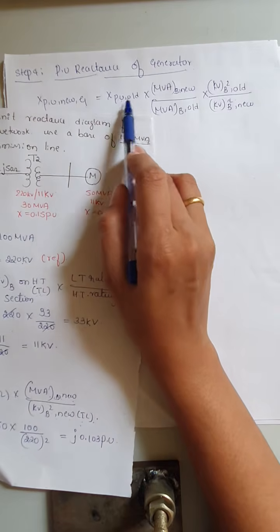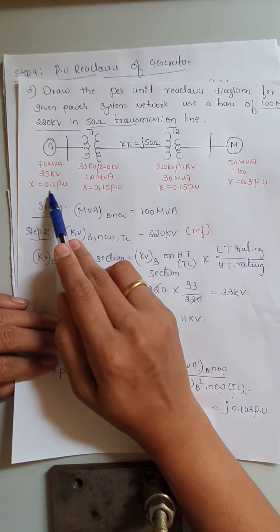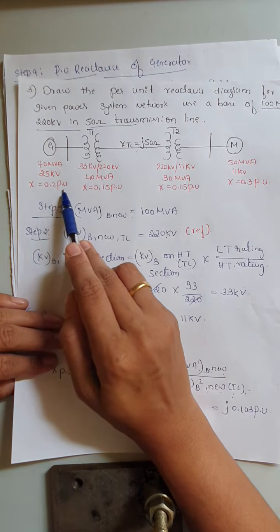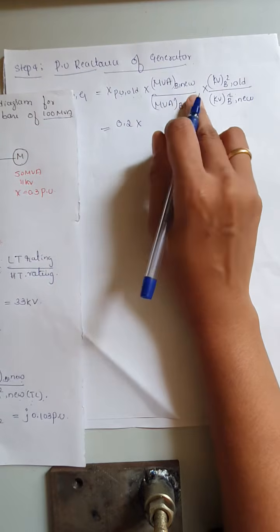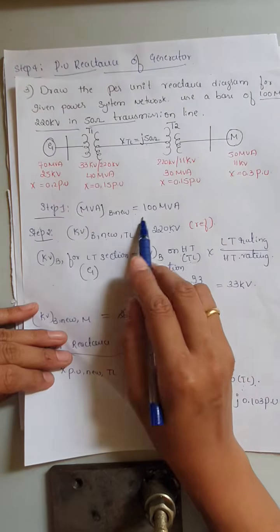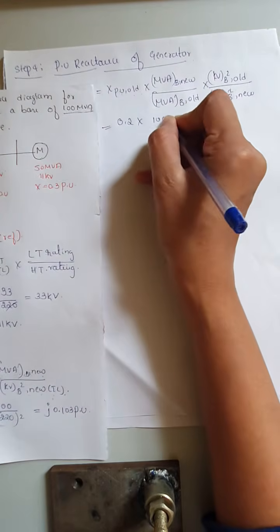So the first is X per unit old for the generator. Now look at the given data. The reactance old value given for the generator is 0.2 per unit multiplied by MVA base new. MVA base new means step 1 value, it is 100 MVA, divided by MVA base old.